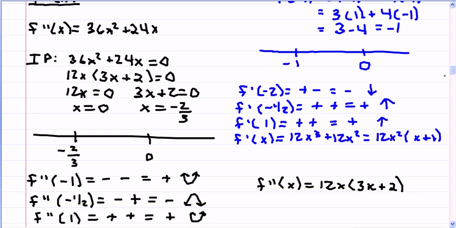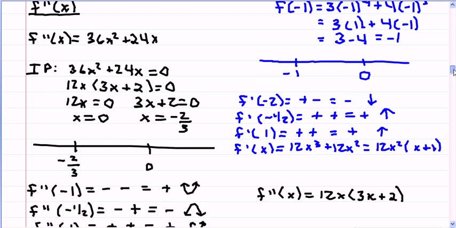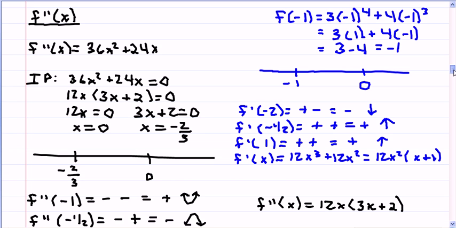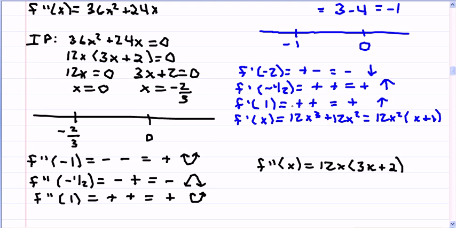So to put this all together, the graph is decreasing to the left of -1, but increasing to the right of -1. And the graph is concave up to the left of -2/3 and to the right of 0.